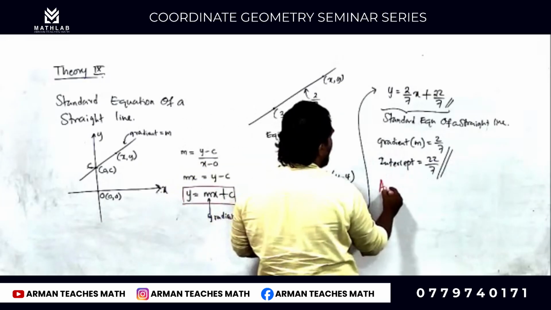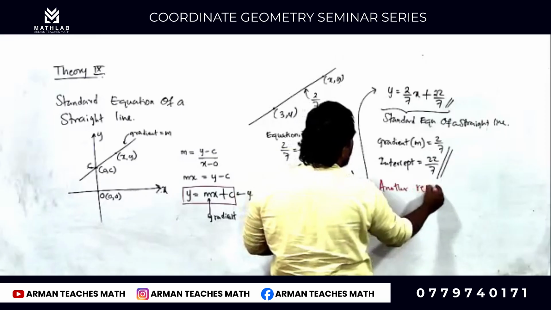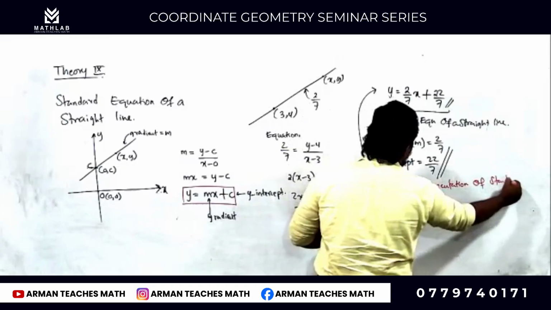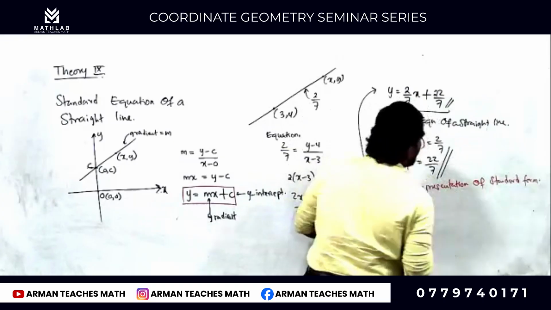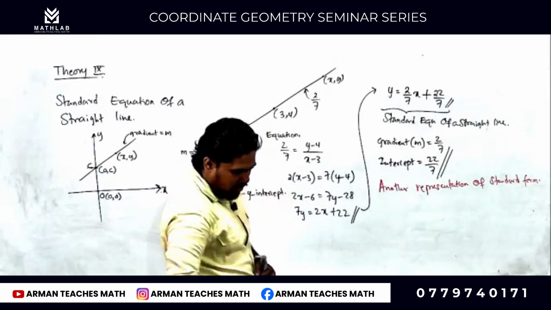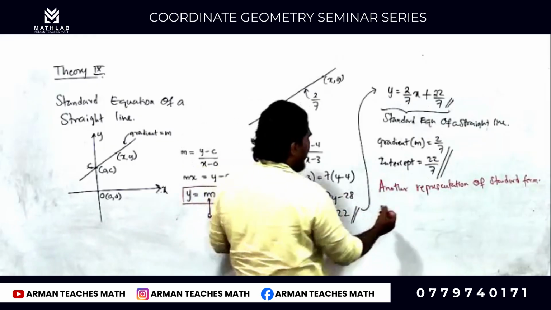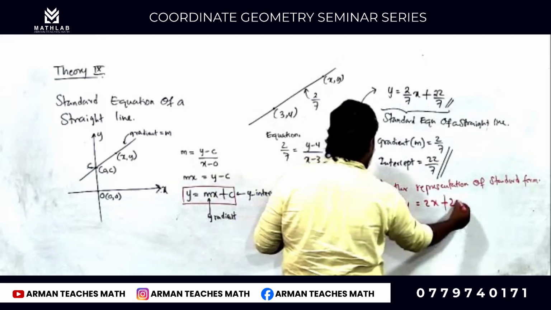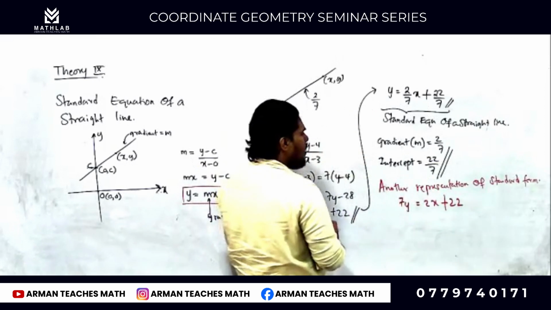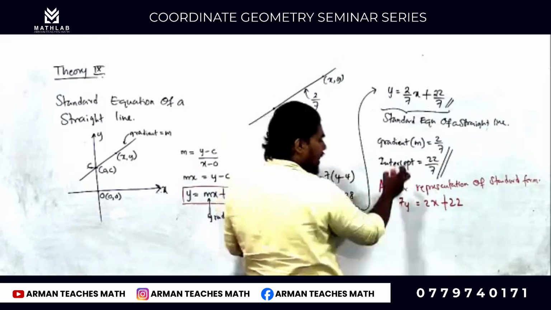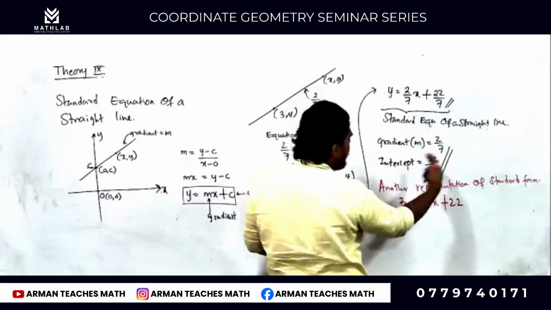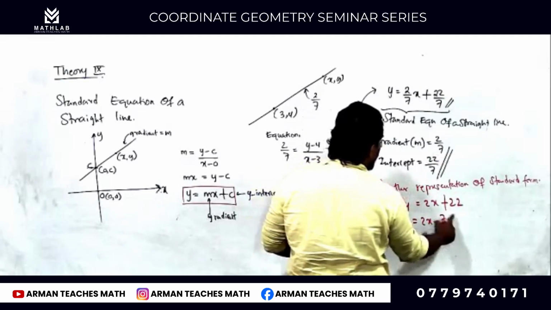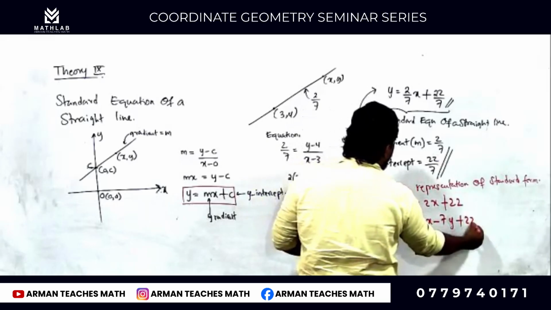Another representation of standard form. Listen, what's the equation we have? 7y equals 2x plus 22. The other representation is taking all the terms to the other side. So we get 0 equals 2x minus 7y plus 22.